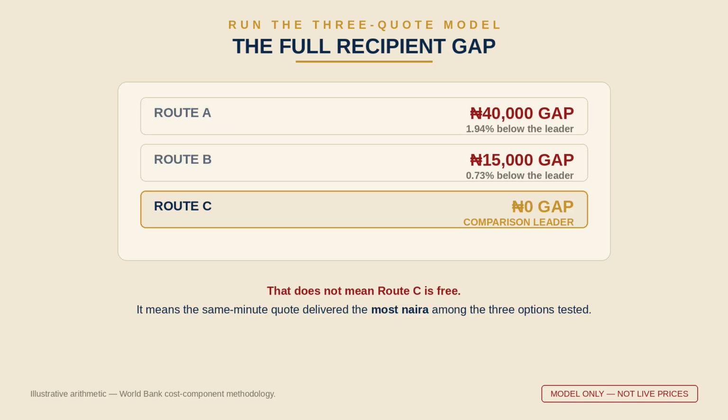For Route B, the gap is 15,000 naira, or about 0.73% of the highest recipient amount. Route C is the comparison leader in this model, so its gap is 0. That does not mean Route C is free. It means the same minute quote delivered the most naira among the 3 options tested.